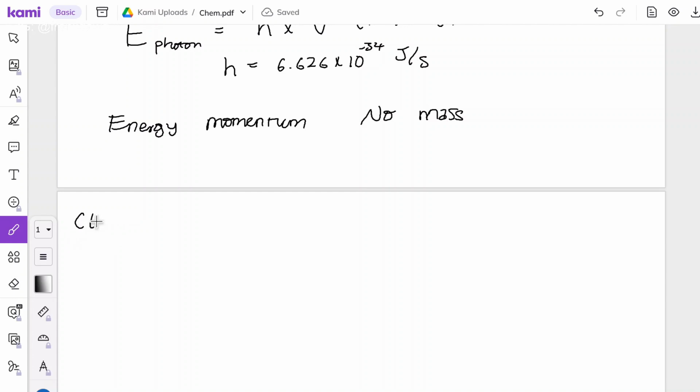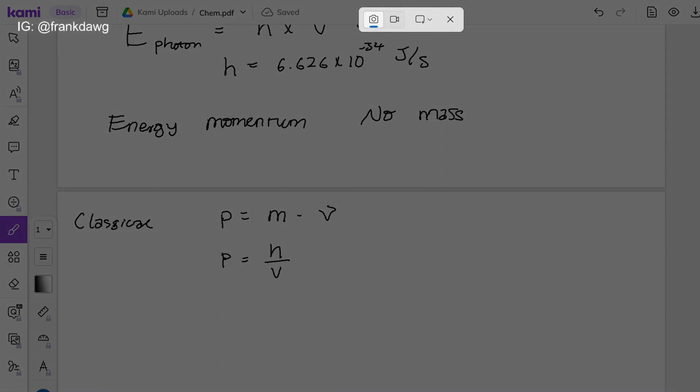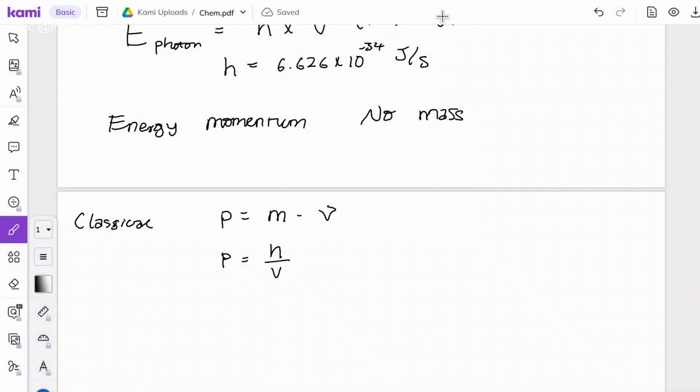The first is the classical equation, which is p equals mass times velocity. And the second one is p equals Planck's constant divided by lambda, which is the wavelength.